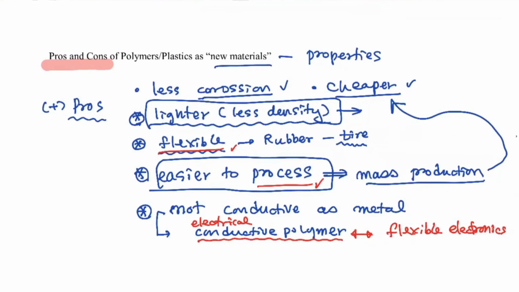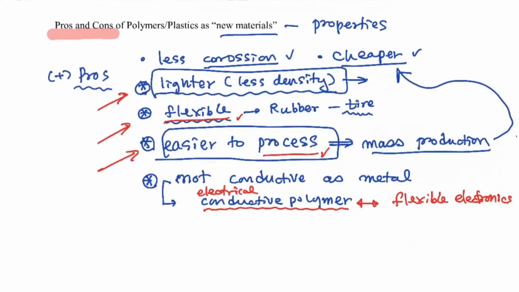So I think, but you know, there's something I've wanted to emphasize: there's a bad thing about polymers, right? Not as good as the metals. What is not as good as metal?